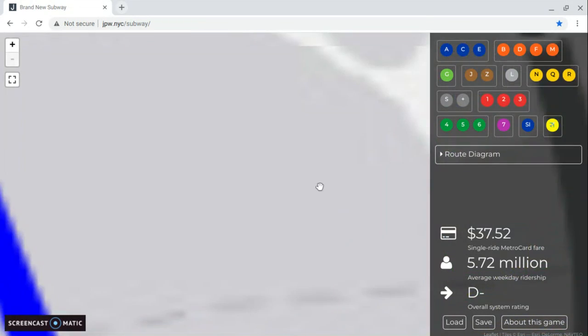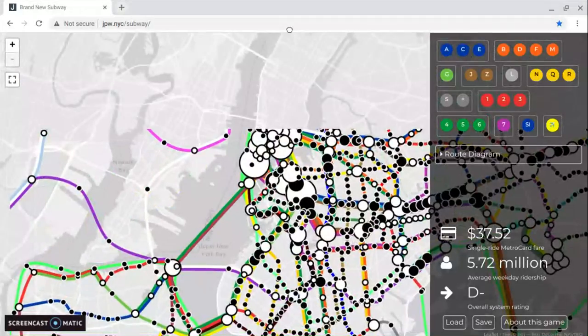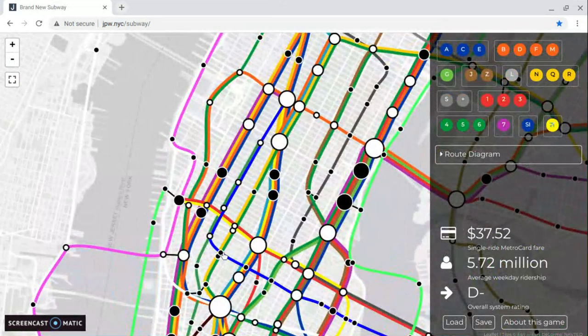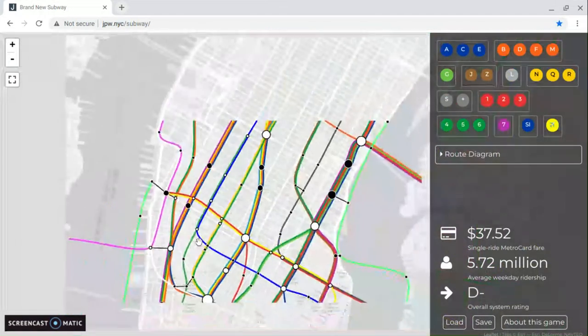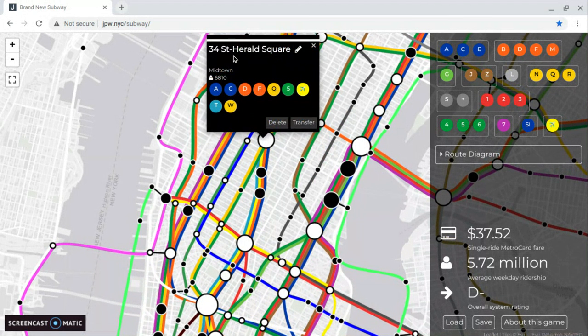And PATH. I want to make a note to the PATH. In real life, PATH's terminal would be around 34th Street, Herald Square, a stop on the A, C, D, F, Q, 5, T, W in the air train.